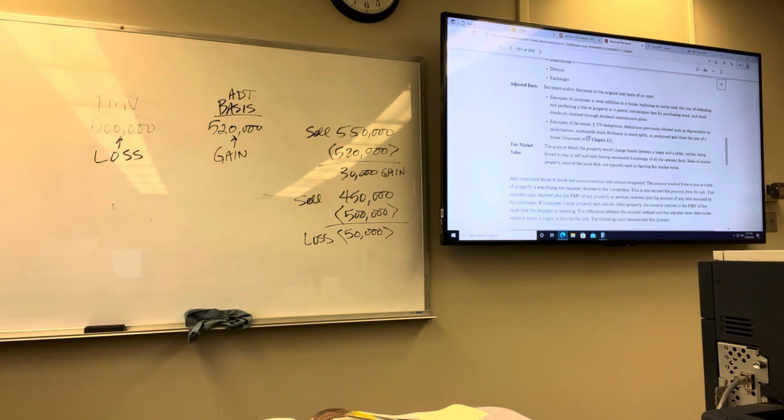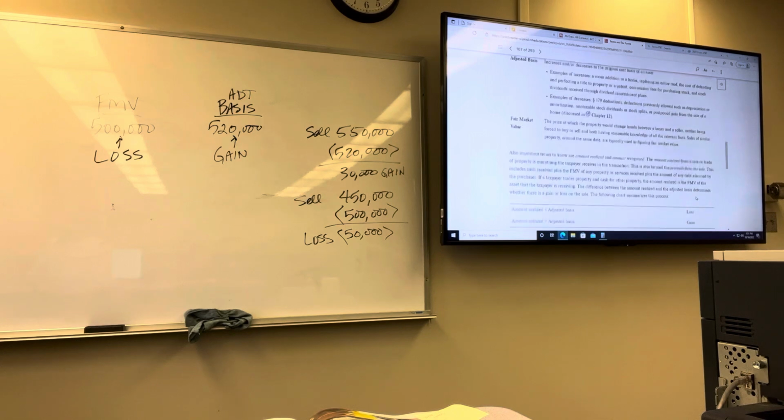Also 179 deductions, special deductions. I'm sorry, the special depreciation as well. And then the fair market value, how do we define that? That's the price that a willing buyer and seller would come to an agreement. Sometimes you need an appraisal in those cases.